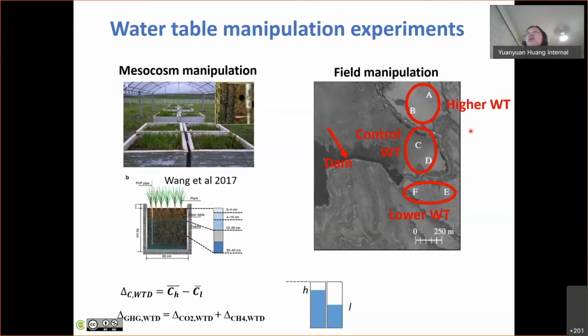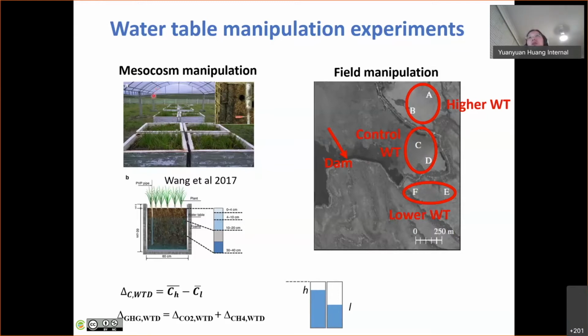Some of the manipulation experiments are carried out in field conditions. In those field conditions, sometimes the water tables naturally differ. Sometimes they are artificially altered. Some of the experiments are more controlled in a semi-natural environment. People normally call them microcosm manipulation experiments.